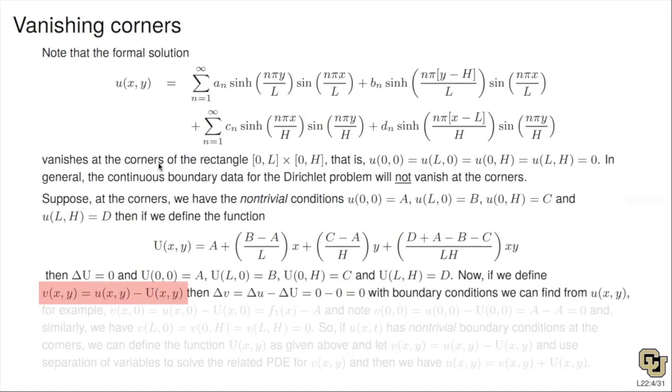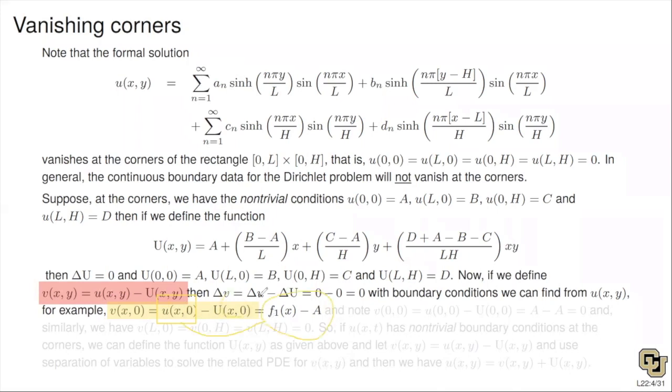And we can find boundary conditions using the boundary conditions from U. For example, I did a sample calculation. If I want to know the boundary condition when y equals 0, V of (x,0) would be U of (x,0) minus capital U of (x,0). And now U of (x,0), we know this boundary condition. That's given as being F1 here.